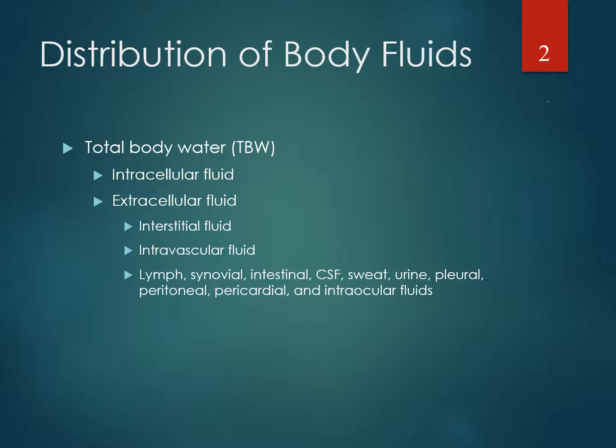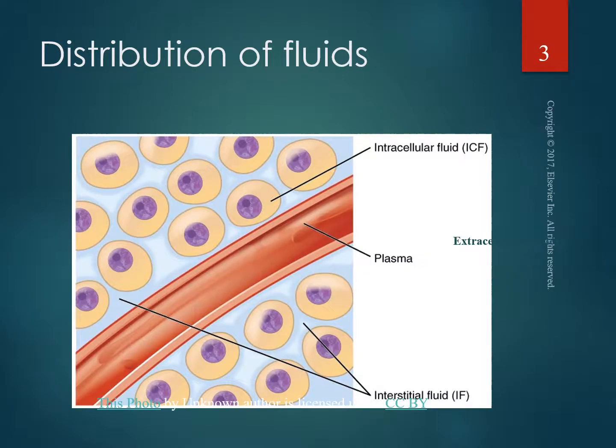The extracellular fluid is rich in sodium, chloride, and bicarbonate. So when we draw blood for serum electrolytes, we're only looking at the intravascular compartment. This is just a pictorial of that.